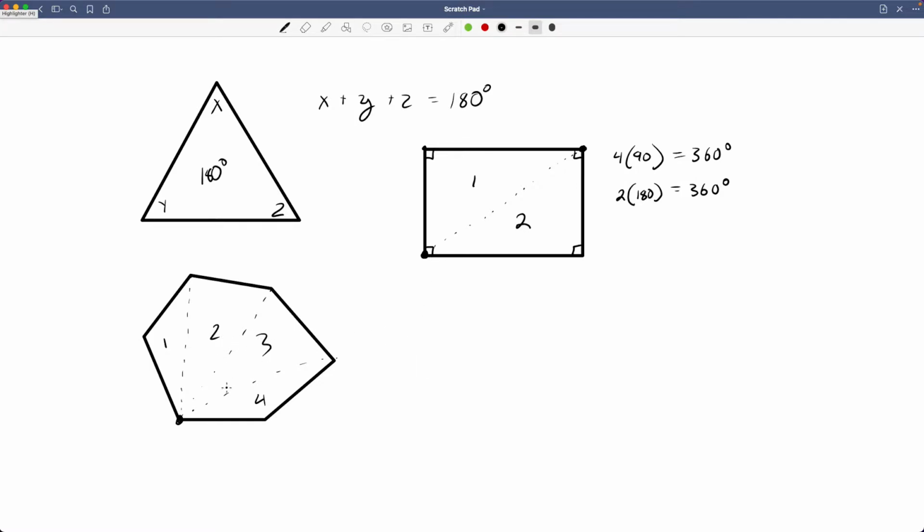So what happens is when we have a polygon, we count the number of sides. So n would represent the number of sides. We subtract 2, and we multiply that by 180. And that's going to give us the interior measure of the angles in a polygon.